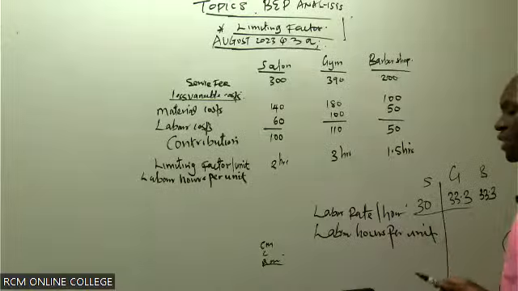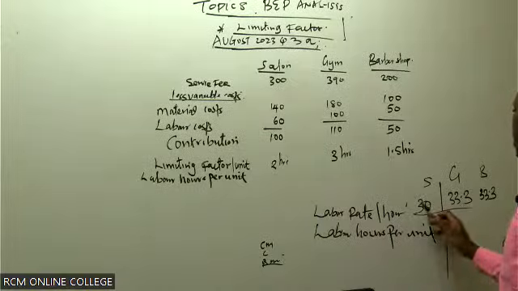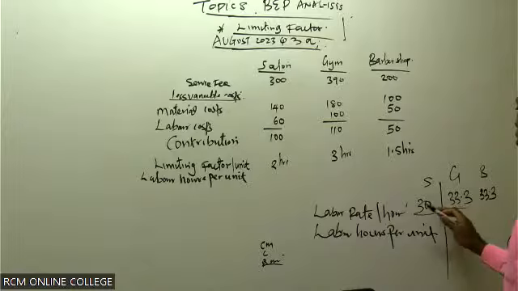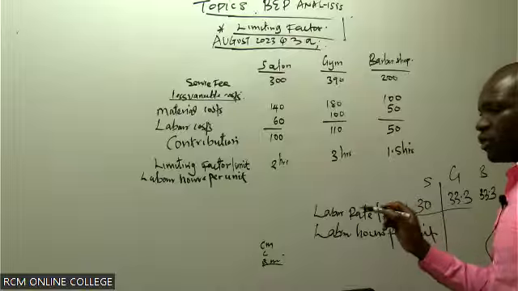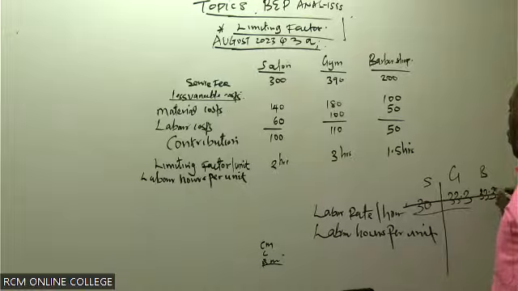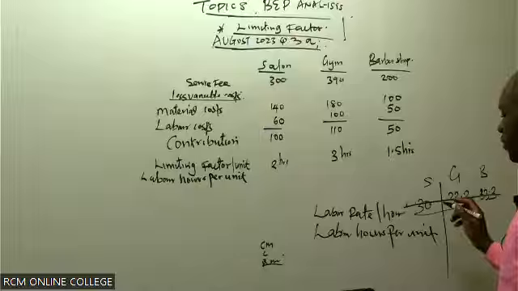So in most cases, you're going to find that this rate will be the same. But it does not mean in all questions the rate will be the same. So in some questions, if they give you this, we use the rate to get the labor hours.